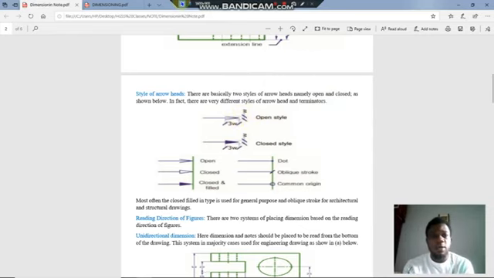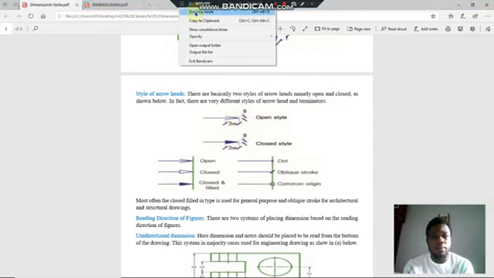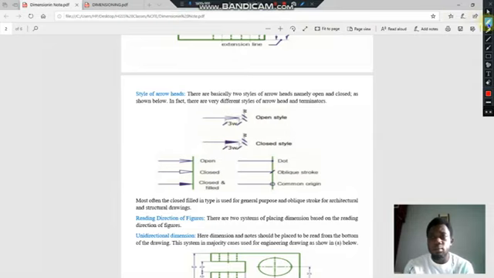Now the size of your arrowhead is in this form.